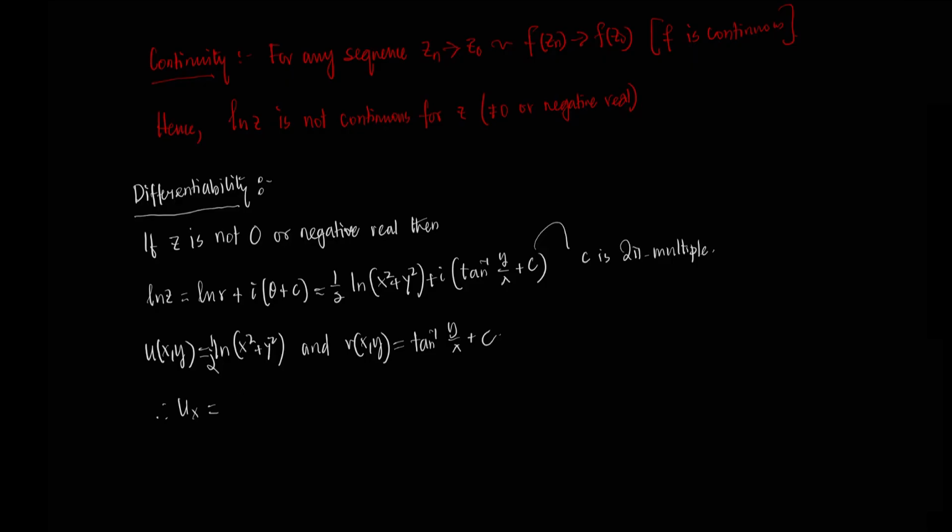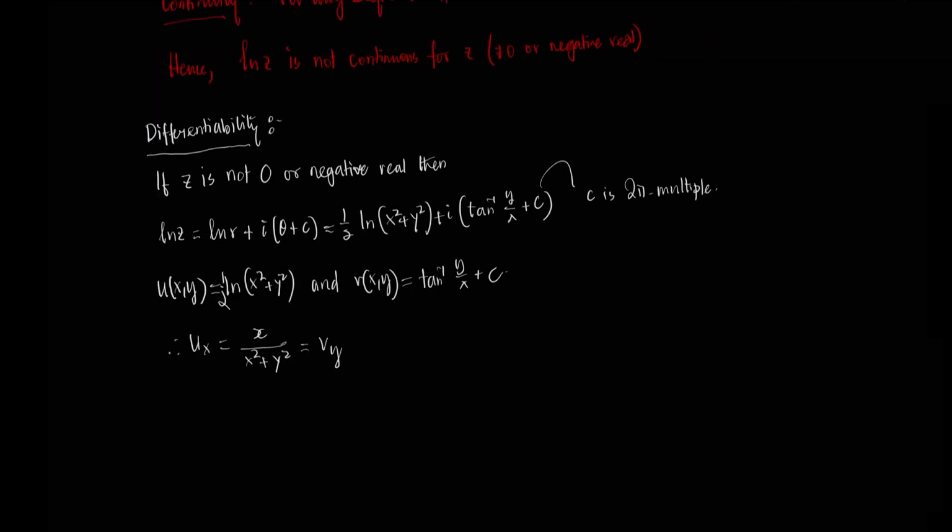You can check that it is nothing but x by x square plus y square, and this is nothing but v of y. Please check. Also, what is u of y? U of y is nothing but y by x square plus y square, which is nothing but minus v of x. Again, check this part. It's very simple, very easy to check.